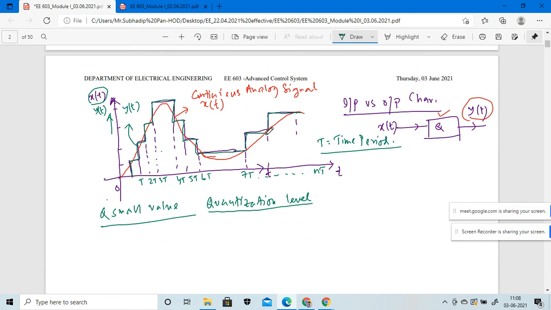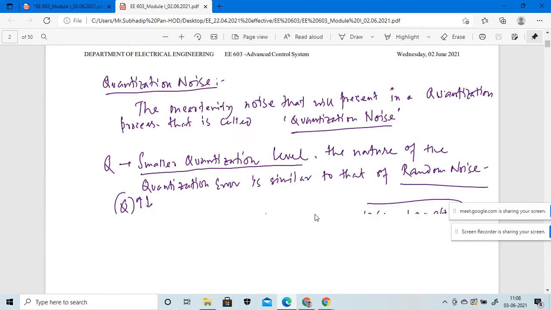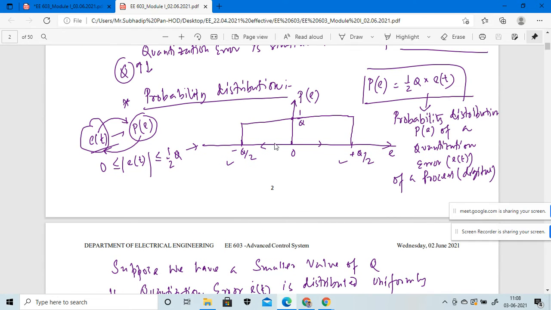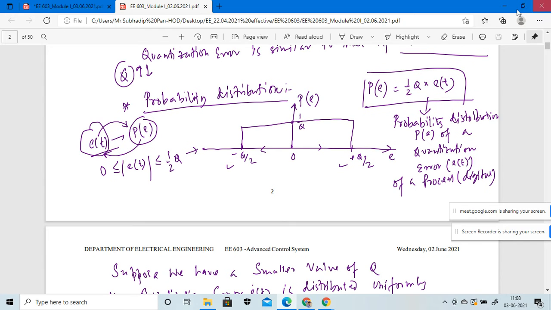Suppose in the previous lecture we discussed this: e(t) will be distributed uniformly between minus half of q to plus half of q.